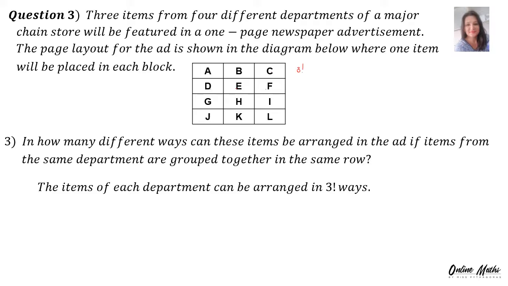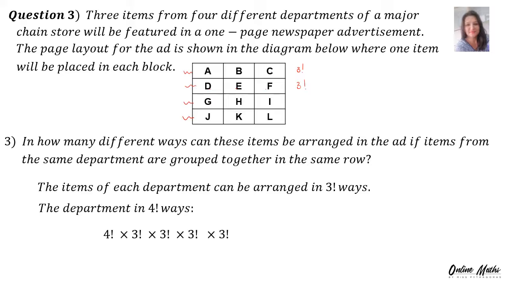D, E, and F, 3 factorial. The departments in 4 factorial ways. So this means 1, 2, 3, 4 departments. Therefore, our answer is 4 factorial, that's for the departments, times 3 factorial times 3 factorial times 3 factorial times 3 factorial. And the answer, 31,104 ways.